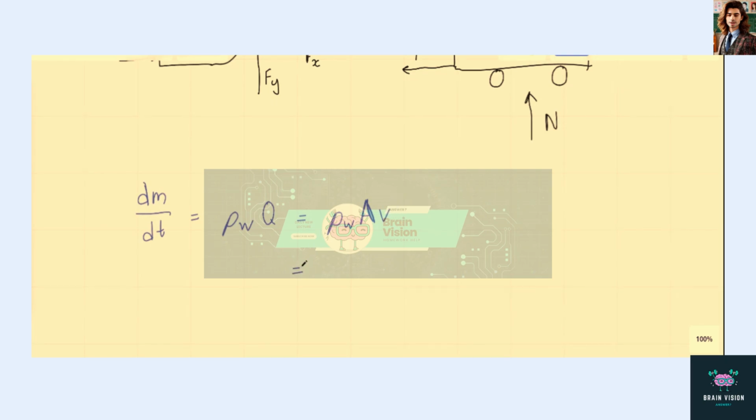And so this is 1000, the density of water, times the area, which is pi r squared, or pi over 4, times diameter squared, 0.05 squared, times the velocity of 12 meters per second.